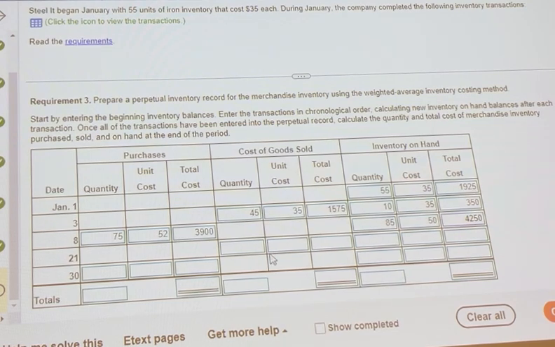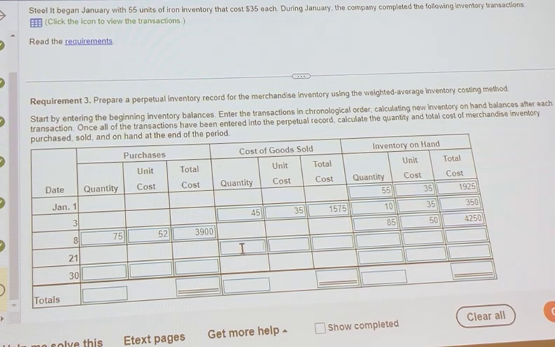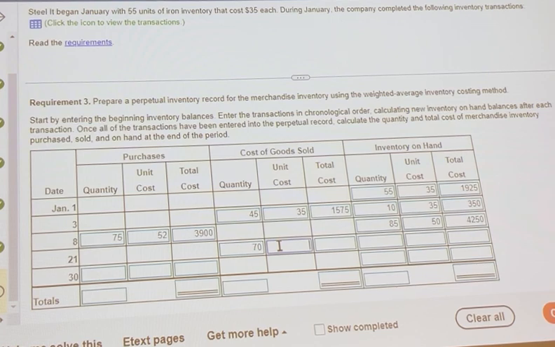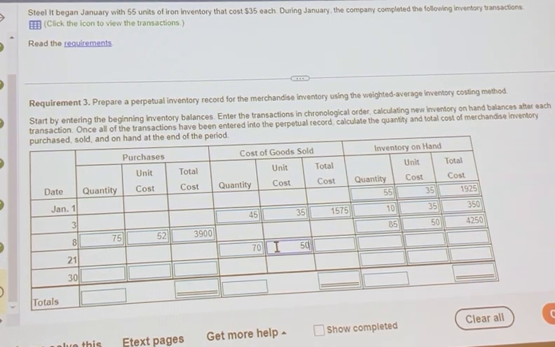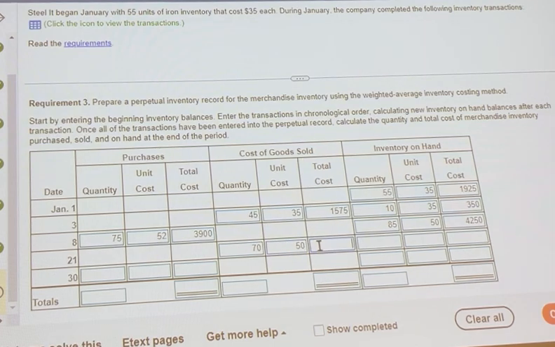Then when we make a sale on the 21st, we use that unit cost, the weighted average cost that we just computed for our sale. So on the 21st, we sell 70 units at that weighted average cost of $50 each, total of $3,500.